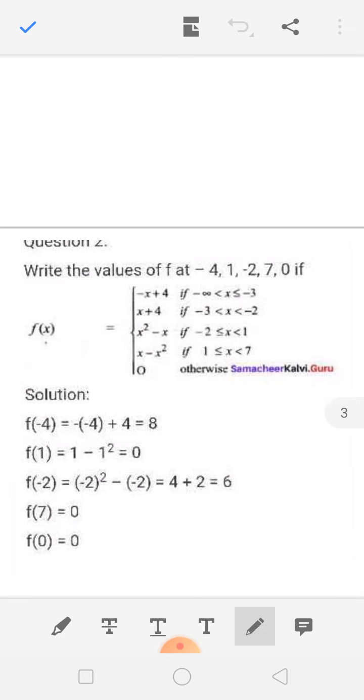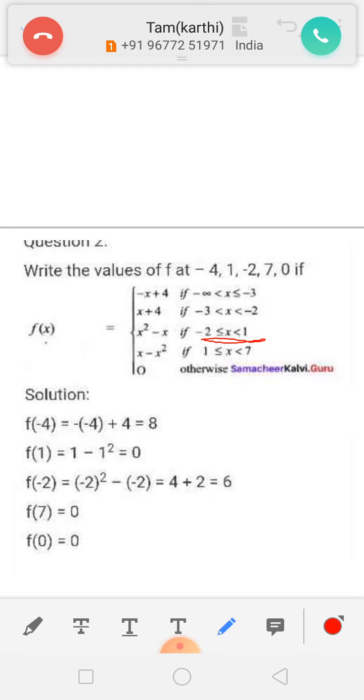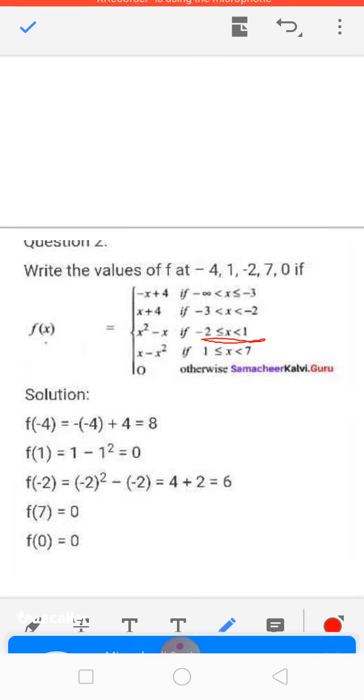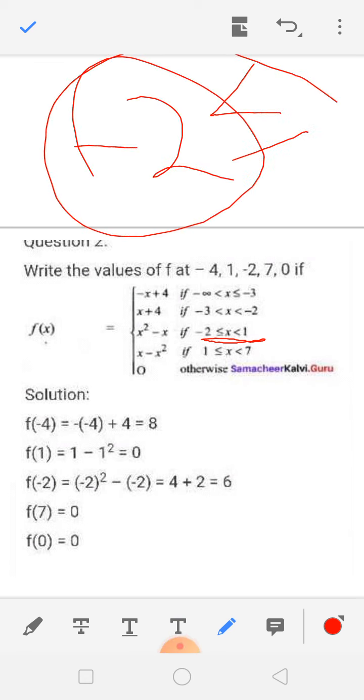So next we come to the third one. Look at the third one: -2 less than or equal to. Minus 2 less than or equal to means we have to include this minus 2.